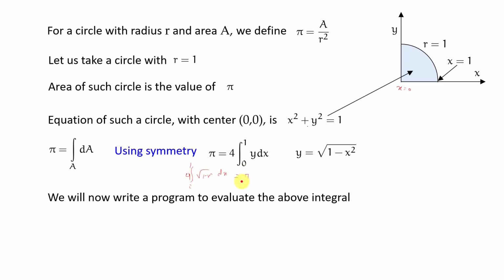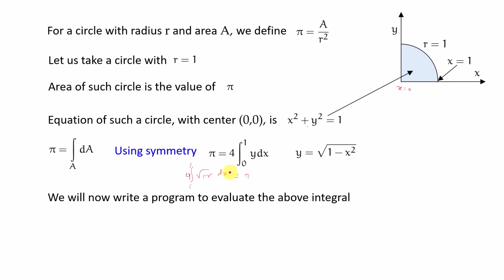You will not get the numerical value of pi. This is where it's very interesting. This is where the numerical calculation actually trumps the analytical solution. Even though for this integral we have the analytical solution, we still want to perform numerical calculation.